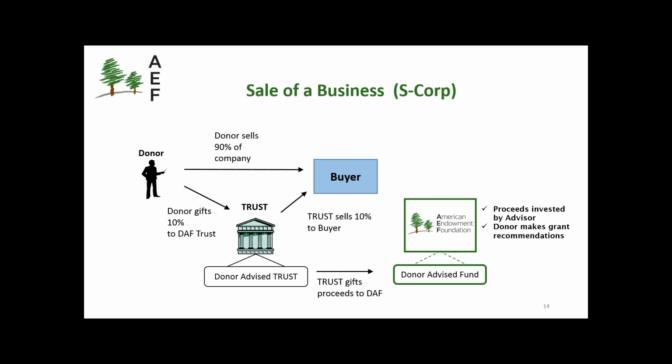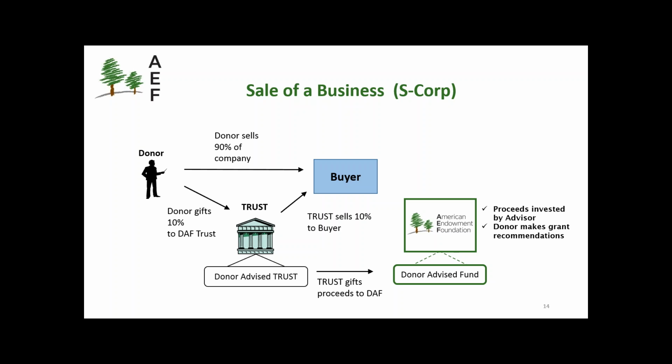And the donor in this case is making a donation of 10% of that S-corporation to a donor-advised fund that is in trust form. So a public charity that sponsors a donor-advised fund, but that public charity's entity, still a 501(c)(3) public charity, is simply in trust form versus corporate form. And we'll make clear on the next slide why that's so important, and specifically for S-corporation stock.